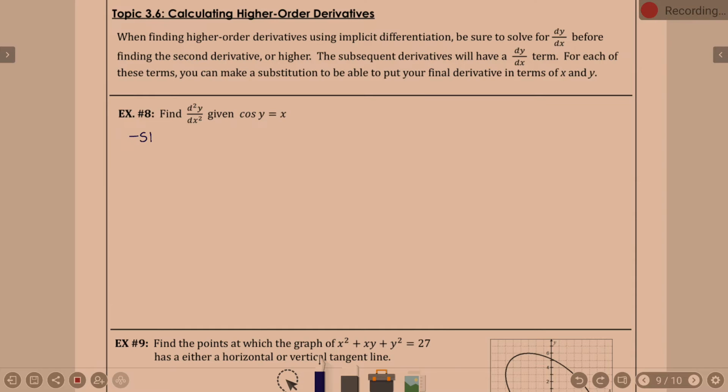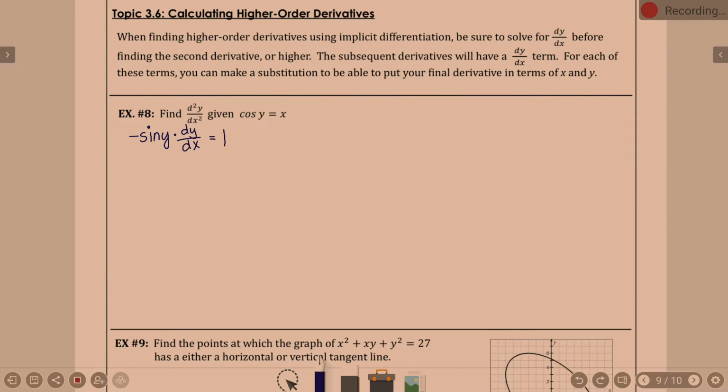Derivative of cosine of y is negative sine of y times dy/dx, because then it's going to be times the derivative of y. Well, the derivative of y is just 1, but then dy/dx equals, what's the derivative of x? 1.